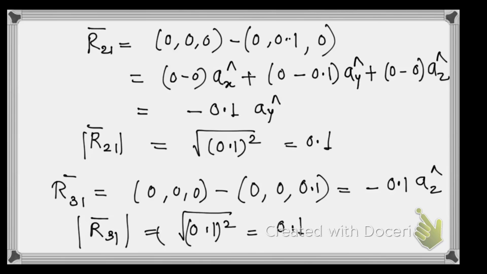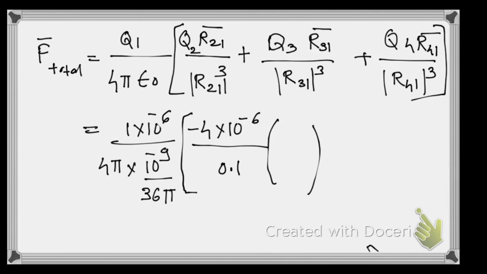It is 0.1 minus 0.1 ay cap. So we'll put it here, minus 0.1 ay cap divided by its magnitude, that is the unit vector. So it is 0.1 here, right? So similarly we can add all other quantities also.